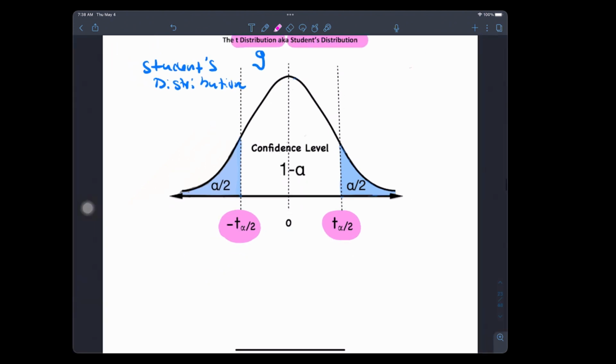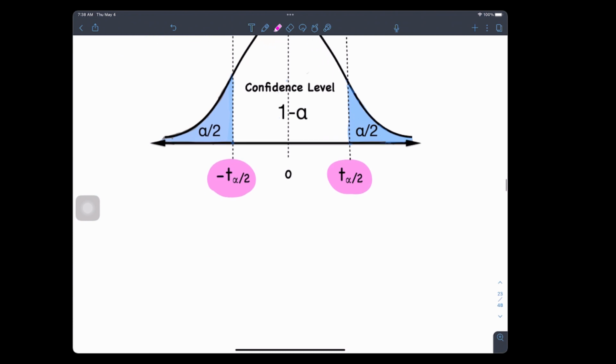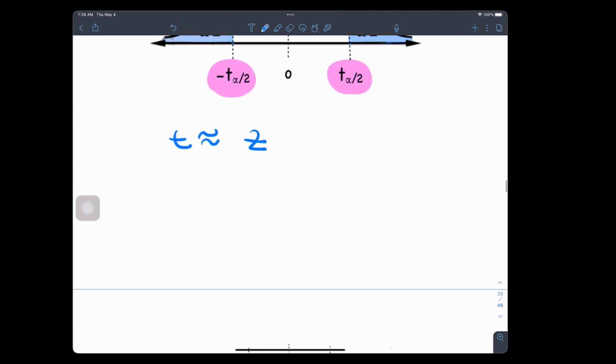So t approximates z. This is how I remember. t approximates z when you have either small samples under 30, or really with the real situation where the population standard deviation is not known.